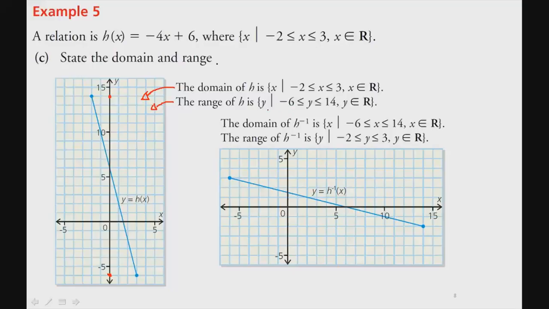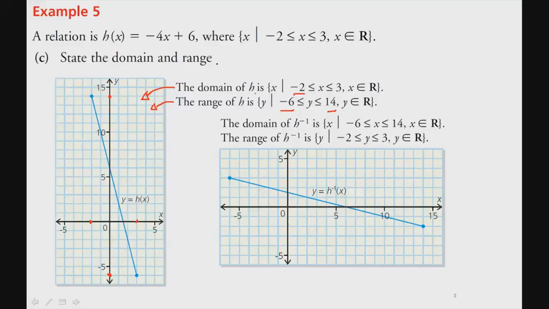So we've got the set of y such that y is greater than minus 6 and y is less than 14. And our domain was given to us up here. We've got the set of x such that x is greater than minus 2 and x is less than 3.